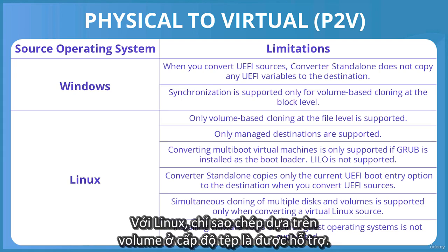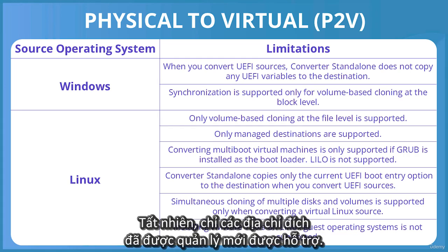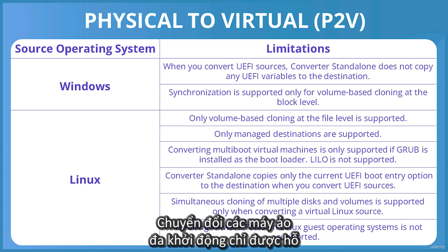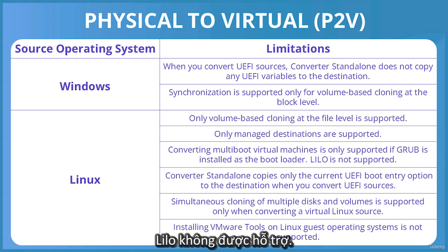With Linux, only volume-based cloning at the file level is supported. Of course, only managed destinations are supported. Converting multi-boot virtual machines is only supported if Grub is installed as the bootloader. Lilo is not supported.